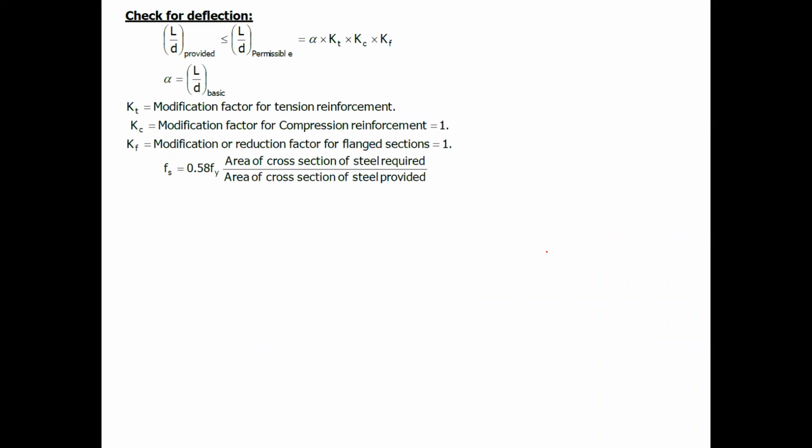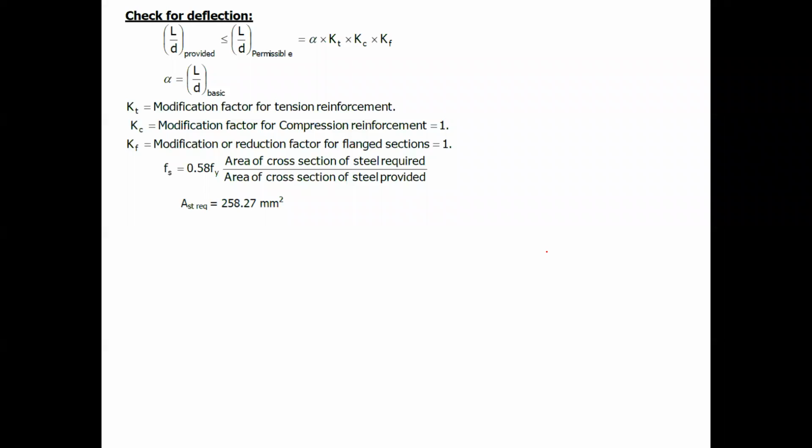So L by D provided is less than or equal to L by D permissible, which is equal to alpha into KT into KC into KF. So how much value you are going to consider for alpha? 20, sir. Good. Yes, right, 20. Okay. So you have the AST value which you already calculated.